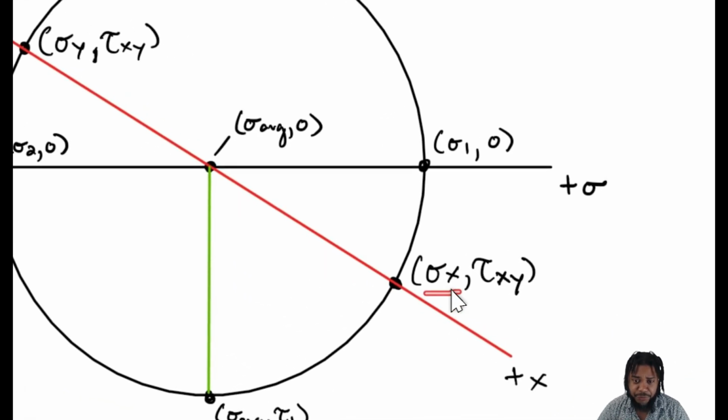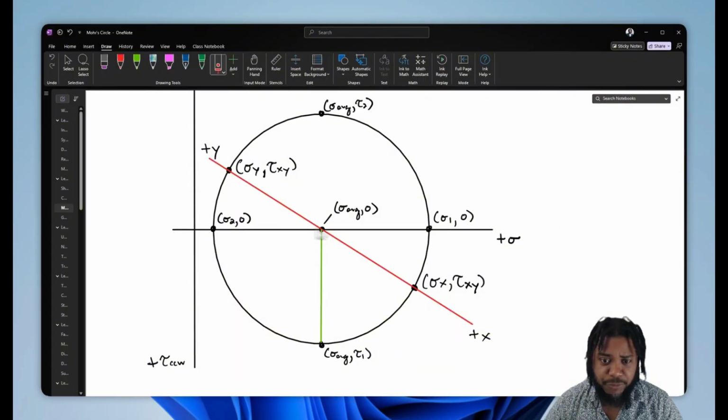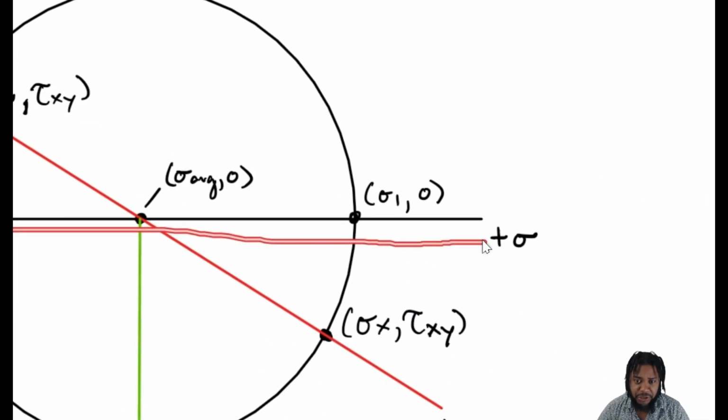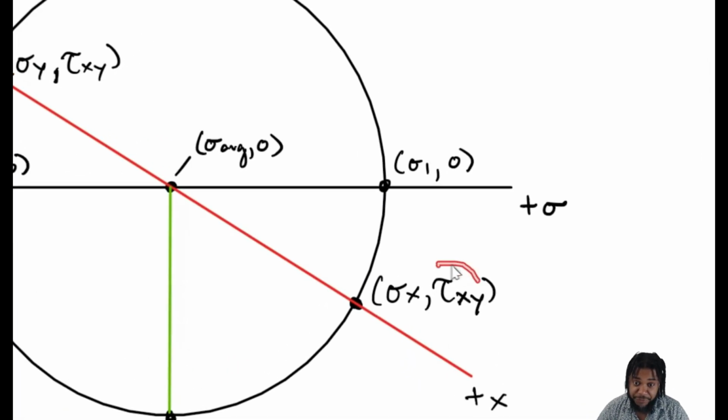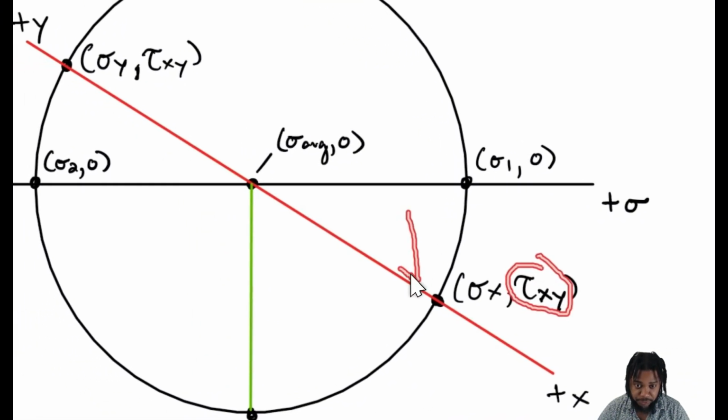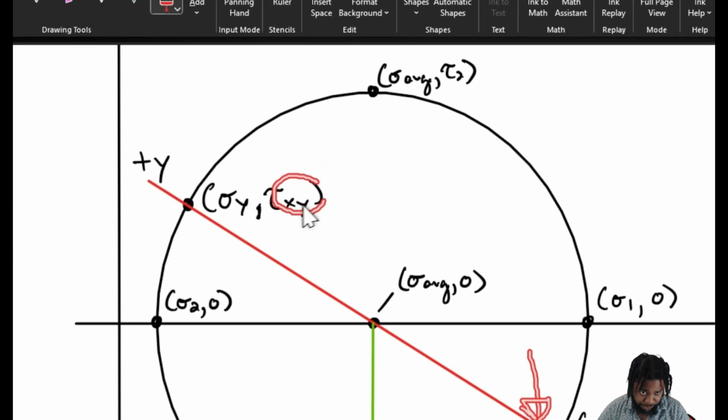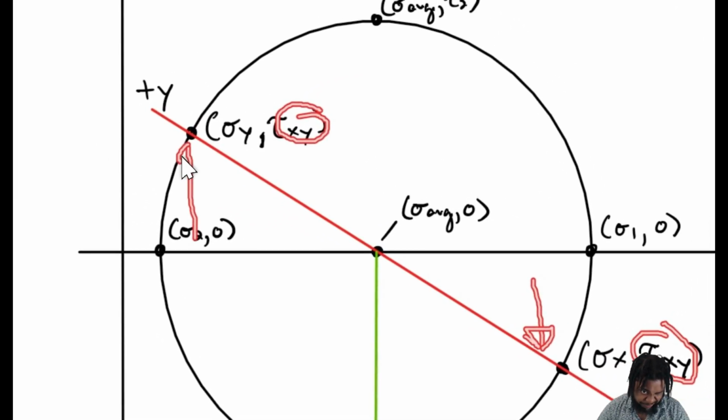Whatever the values of sigma x and sigma y are will tell us where we are along the x-axis. And whatever the sense of tau xy is, is it a positive shear stress or a negative? If it's positive shear stress, it's below the x-axis, and if it's negative shear stress, it's above it.